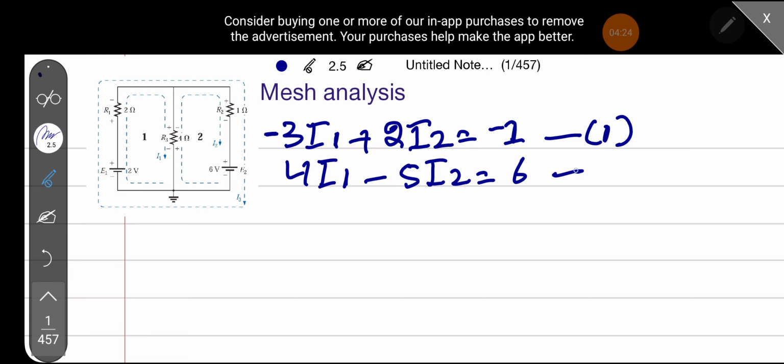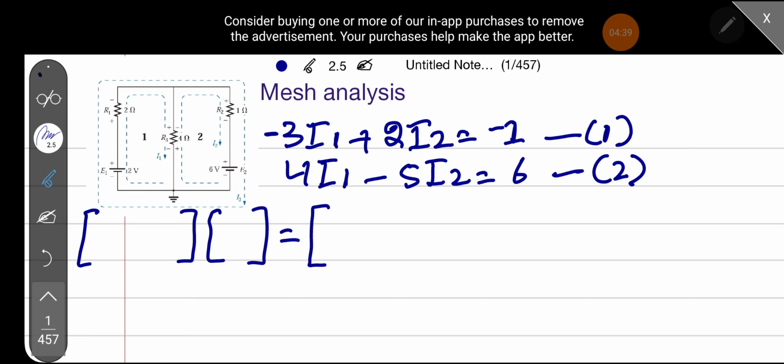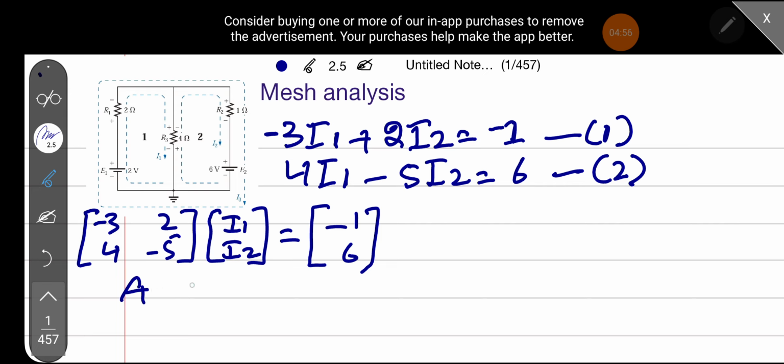If we put these two equations in matrix form, it will look like this. Now I1 I2, minus 3 2, 4 minus 5. So Ax is equal to B.